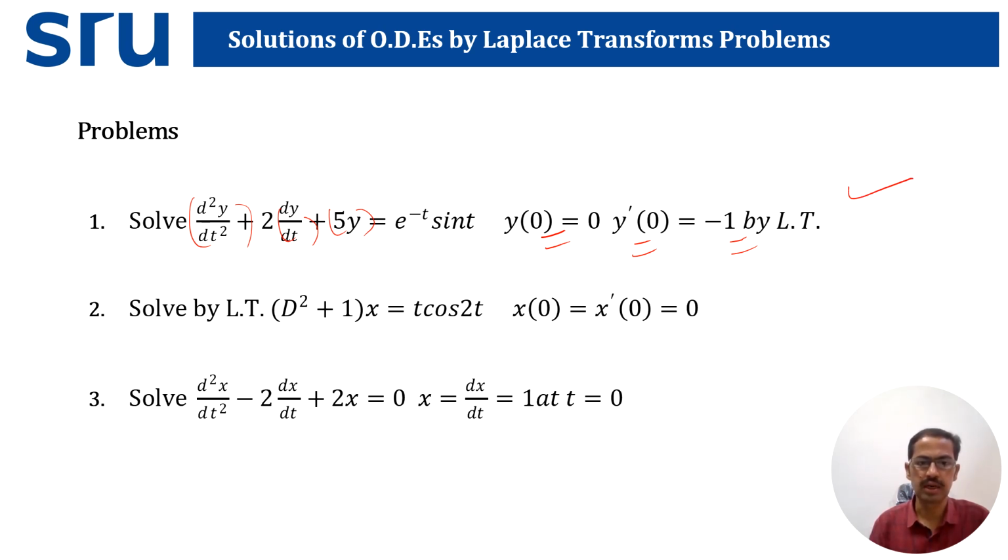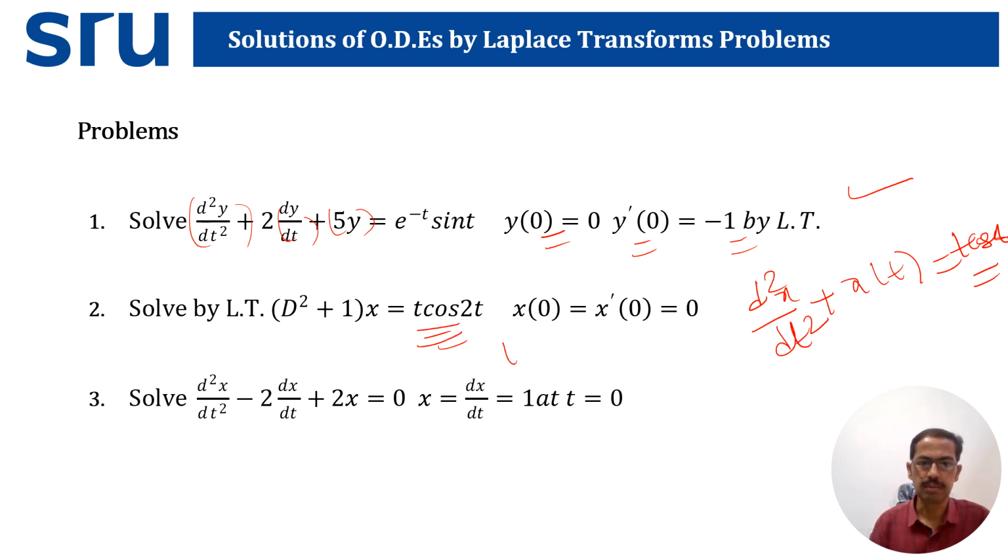This is also second order, and this is also second order: (D square plus 1) x, where x means d square x by dt square plus x of t equal to t cos 2t. How do you get the Laplace transform of t cos 2t?